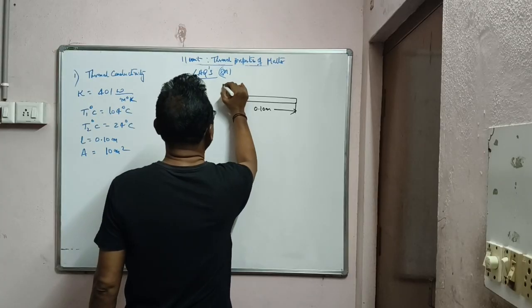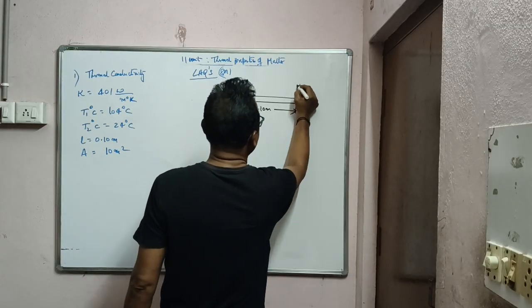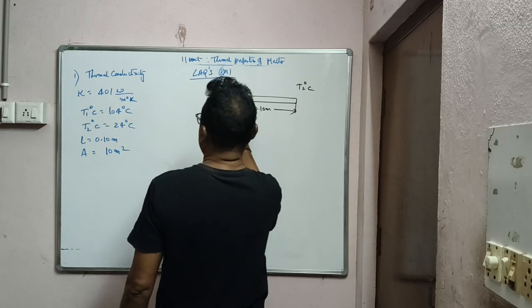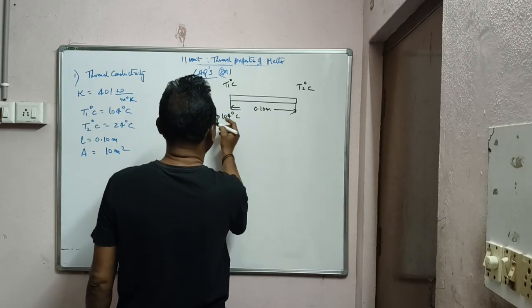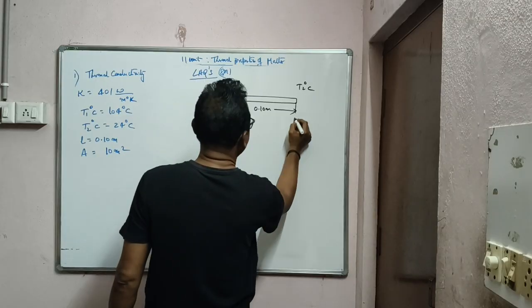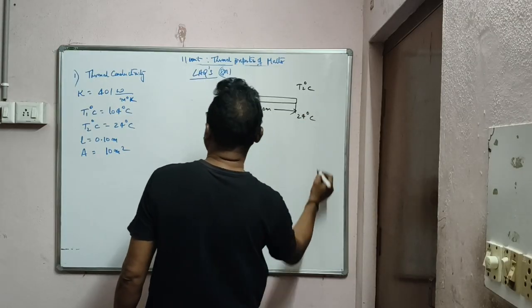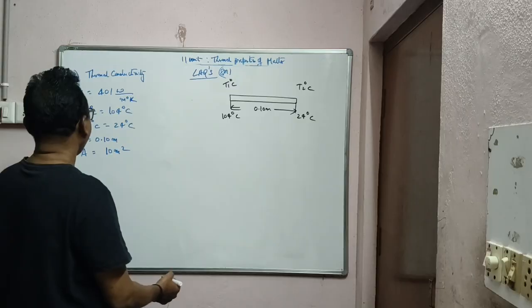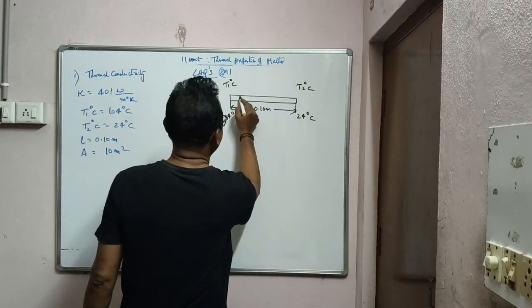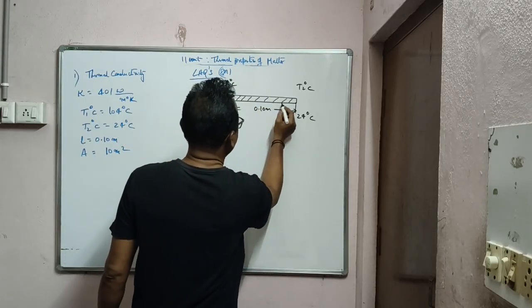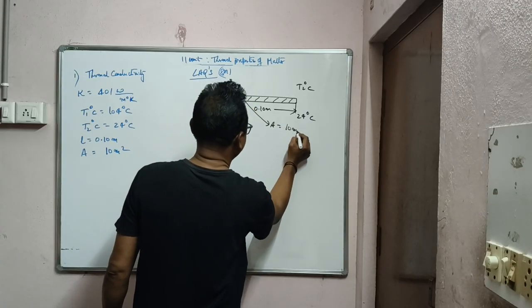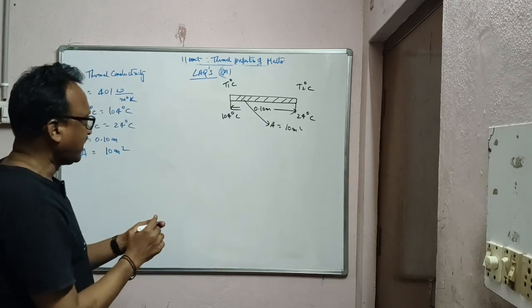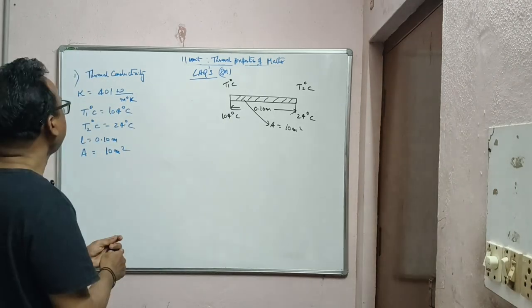Now the temperatures are given as T1 degree centigrade at this end. You know it will always be the high end because this is where it is heated, and the second end is 24 degrees. Area of cross section is also given, A. Now first of all, he is asking what is the definition of thermal conductivity.